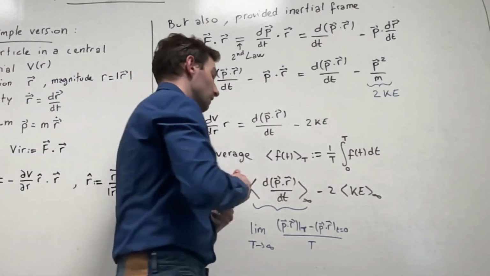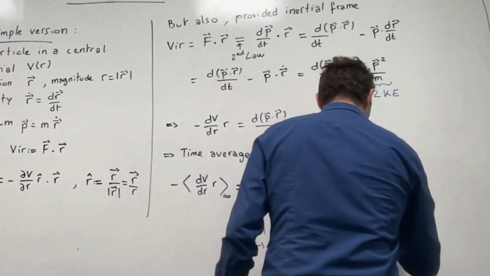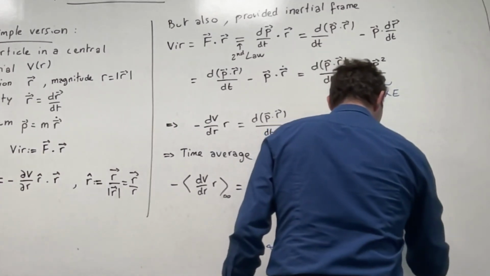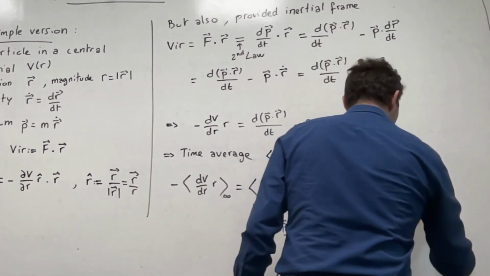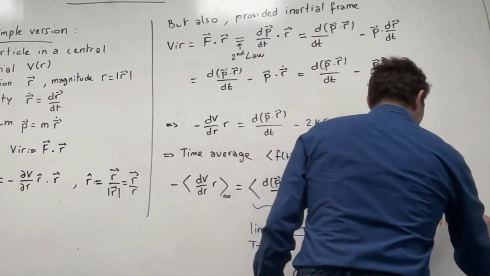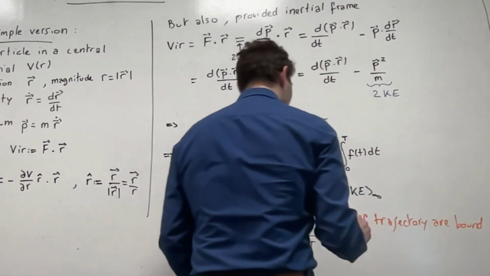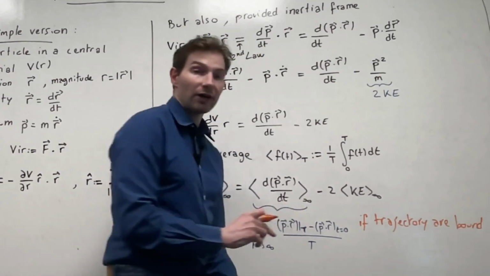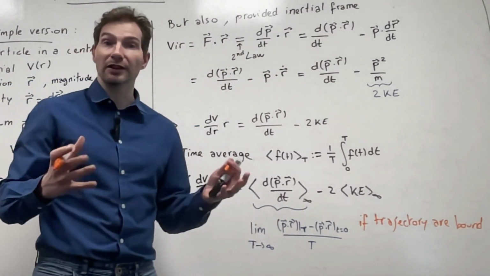So if trajectories are bound, the numerator here has to be finite in magnitude.